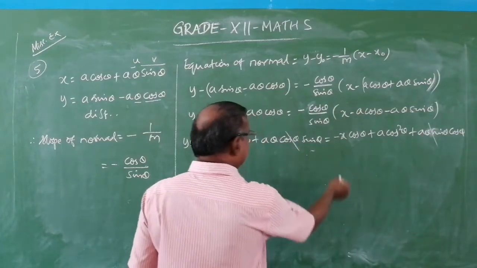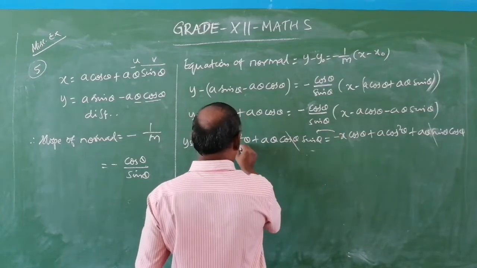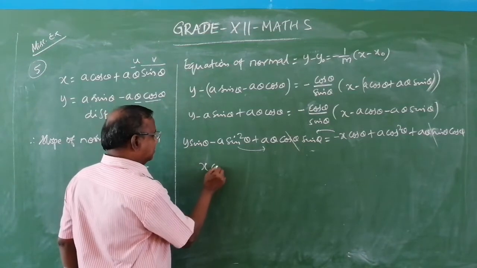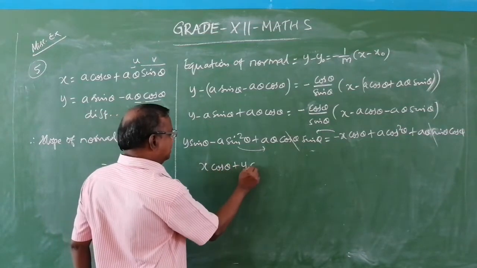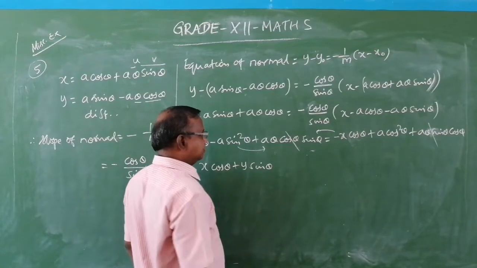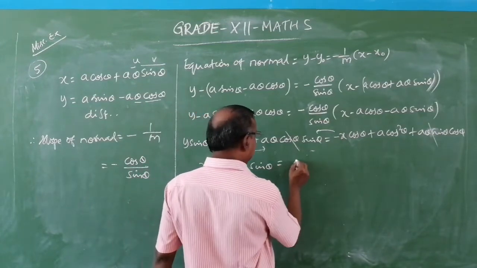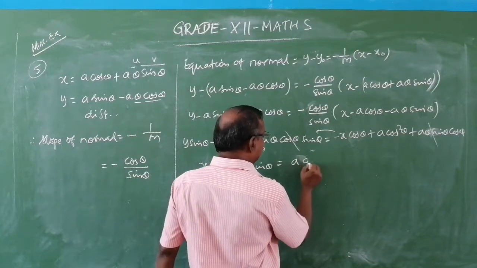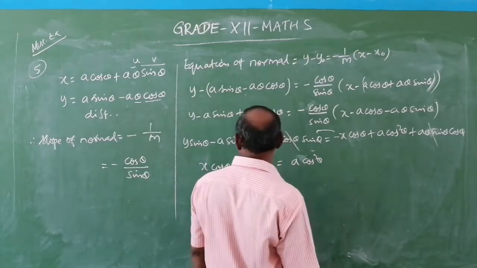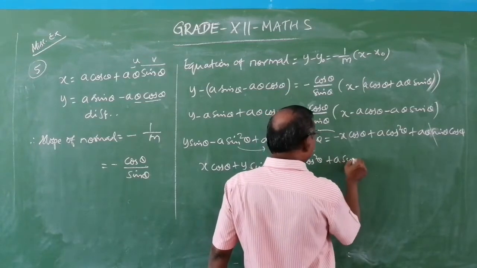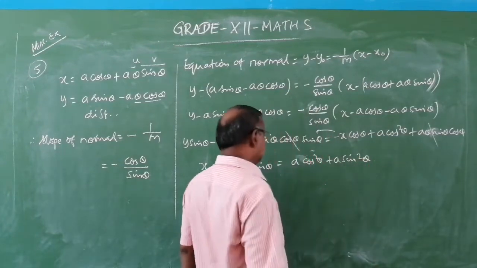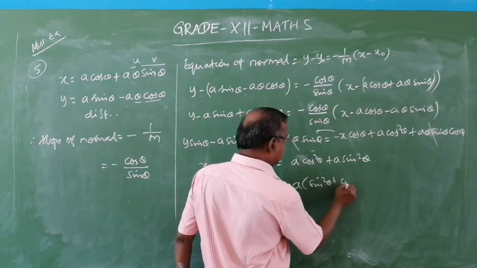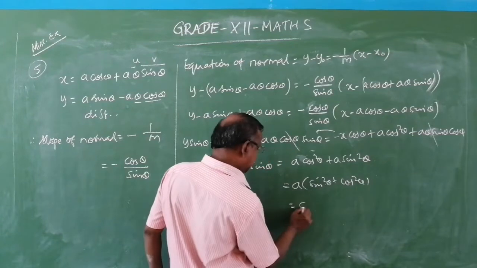So bring x cos theta to the left and a sin square theta to the right. Now it is x cos theta plus y sin theta equal to a into cos square theta plus a into sin square theta, that is equal to a into sin square plus cos square, equal to a.